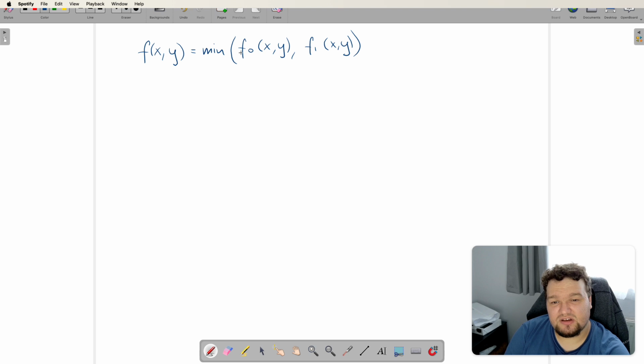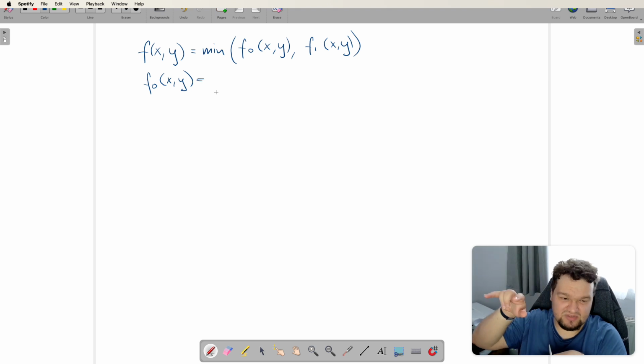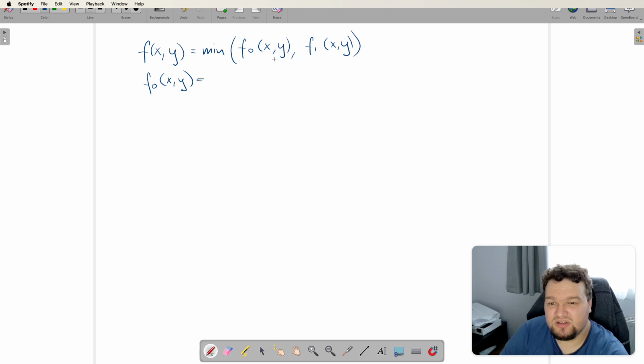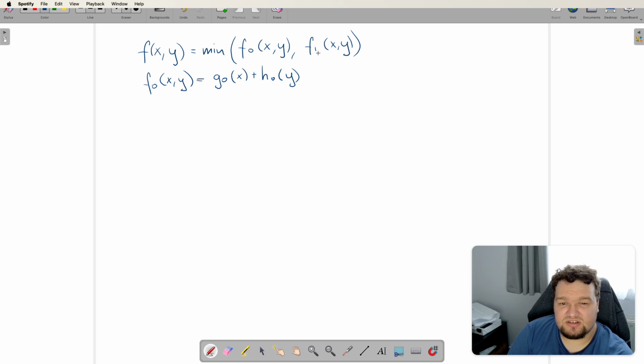Then, for example, f0(x, y) is just the number of ones that we need to make into zeros, and we can write it as a sum of two functions. One of the functions only depends on x and the other only depends on y, because we just take some elements in array A and some elements in array B. So we can say that it's g0(x) plus h0(y), and the same with f1.